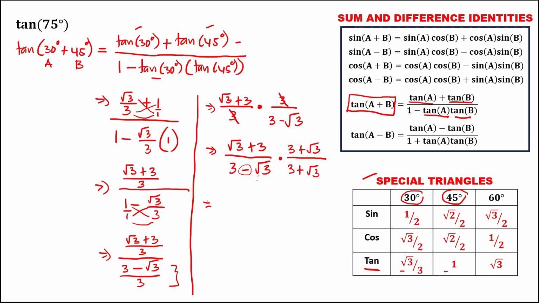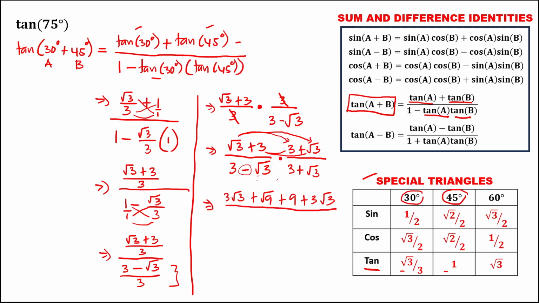Then to simplify, multiply. So this is 3 square root of 3, plus square root of 3 times square root of 3, this is square root of 9, then plus 3 times 3, that's 9, then 3 times square root of 3, so this is 3 times square root of 3, then over.